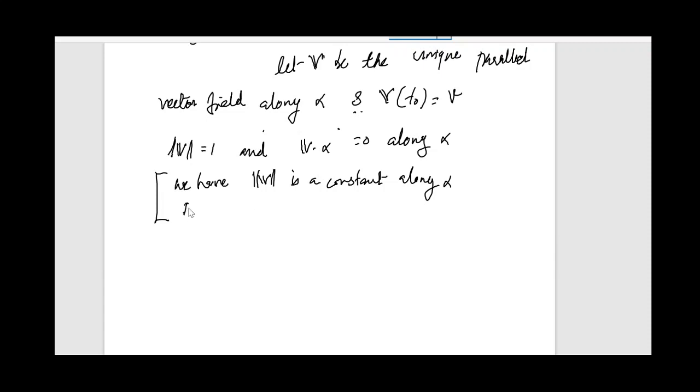But norm of v of t naught, by definition, is norm of v. Now v of t naught is nothing but v, and norm v is equal to 1. So what you're having is norm of v is equal to 1.